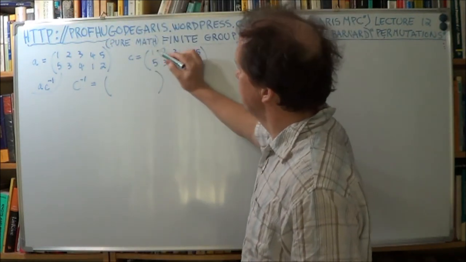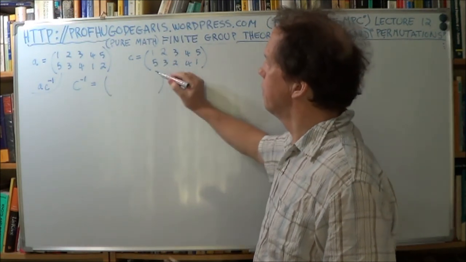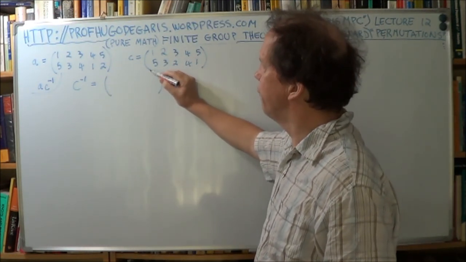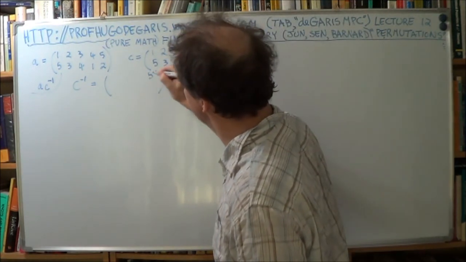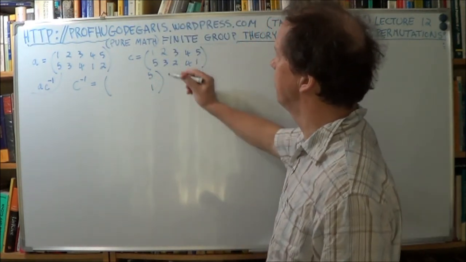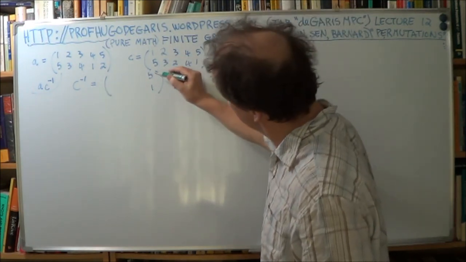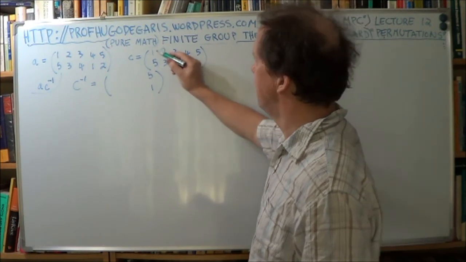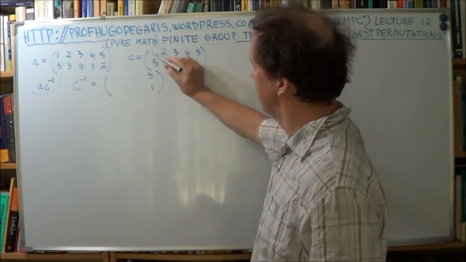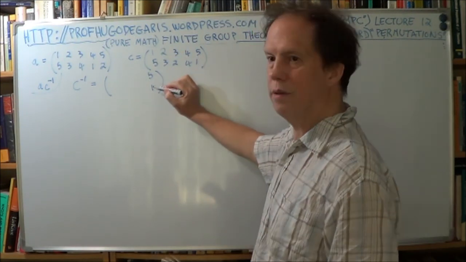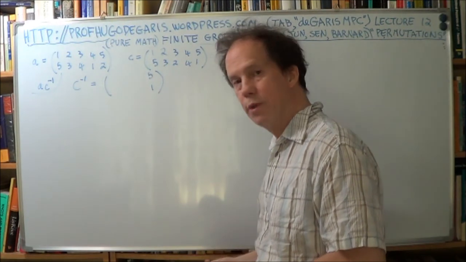If C takes 1 to 5, you want the inverse to take 5 back to 1. Seem reasonable? So C inverse will make 5 go back to 1, and hence when you multiply these two together, the net effect is 1 goes to 1. And that's part of the unit permutation.